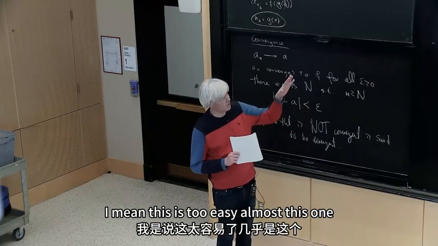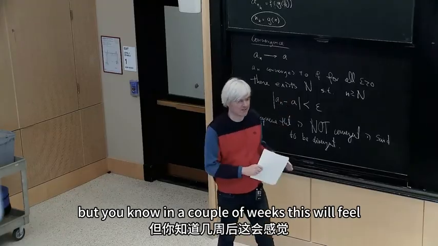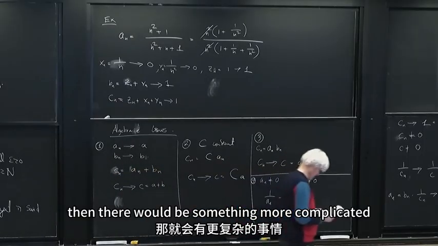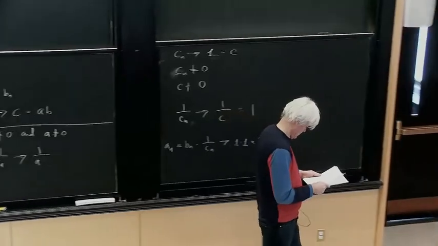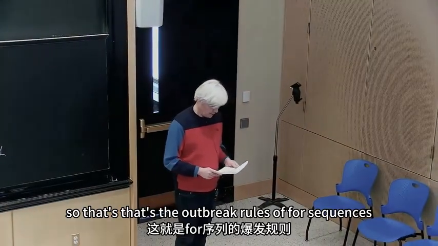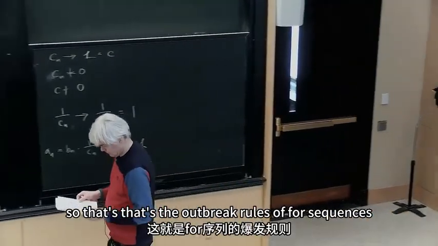This one is almost too easy. This is the first time you see it, but in a couple of weeks this will feel too easy. Then there will be something more complicated. Okay, so that's the algebraic rules for sequences.